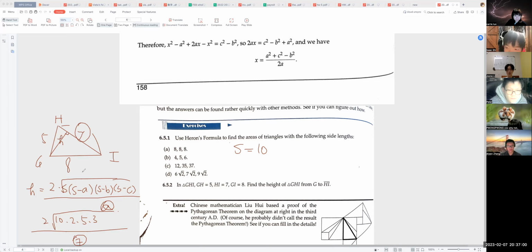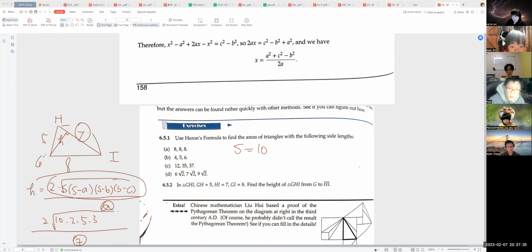What is said to GI? I think I read the problem wrong. Okay, so everybody, a lot of my students make mistakes here. Peter, you're the one making mistakes again. Okay, as well. So the thing is, like I said, the top is always the same, but the base is the one that determines the measurement of the height. The height actually, for every single triangle, there are 2 heights instead of 1.